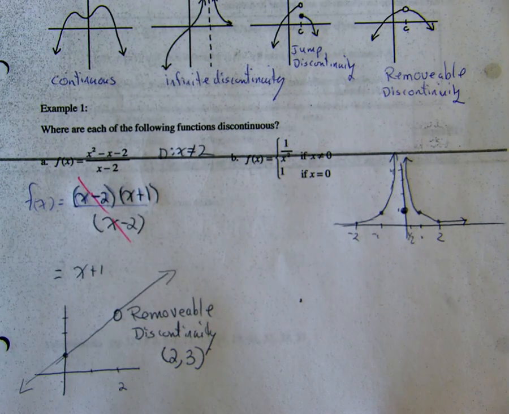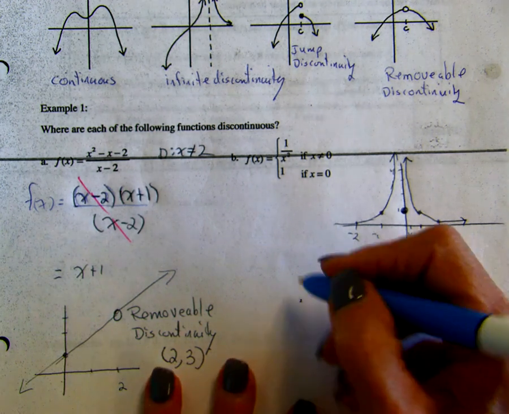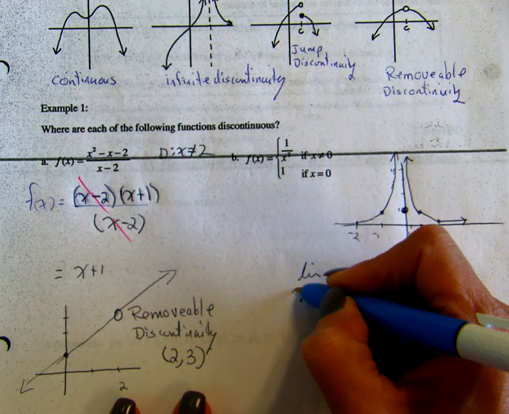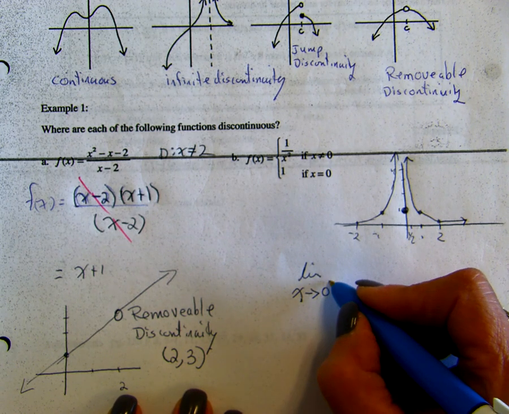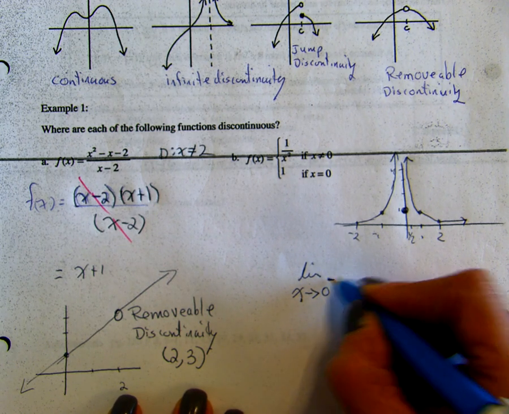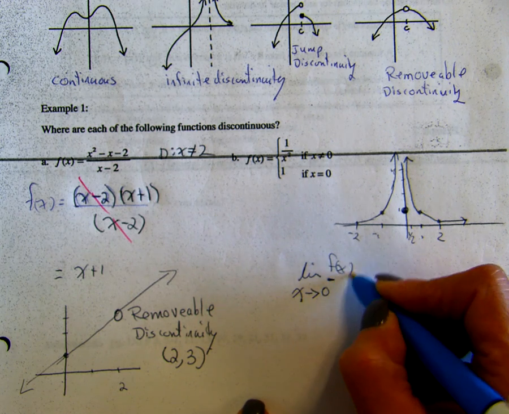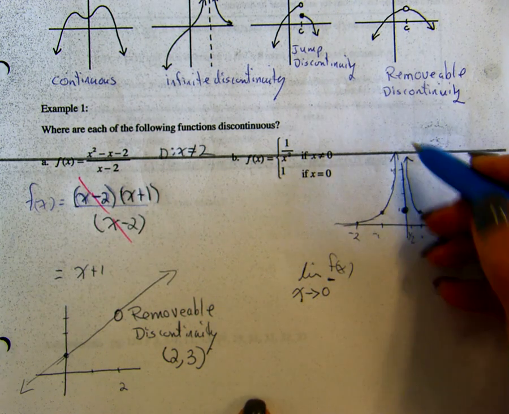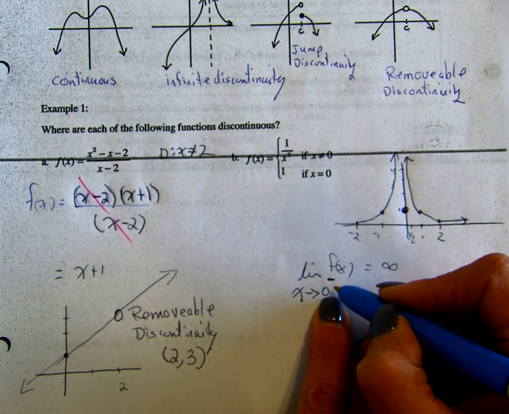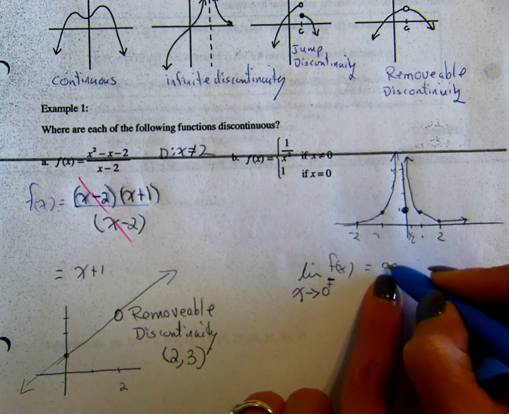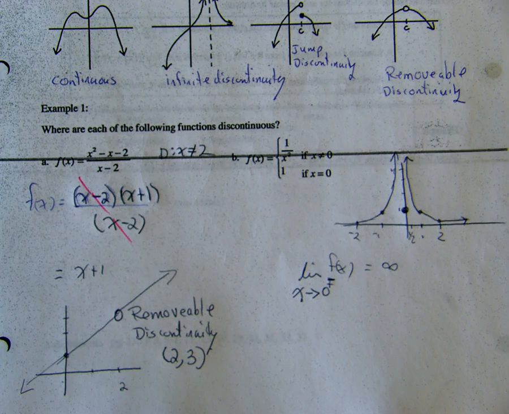When x is 0, y is 1. Of course, that's not continuous, because what is the limit as we approach 0 from the left of this function? As we approach 0 from the left, this is going to negative infinity. As we approach 0 from the right, it's going to positive infinity.